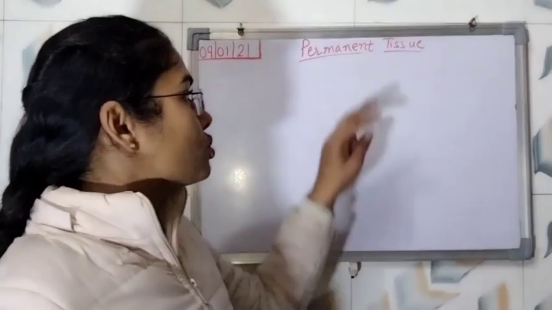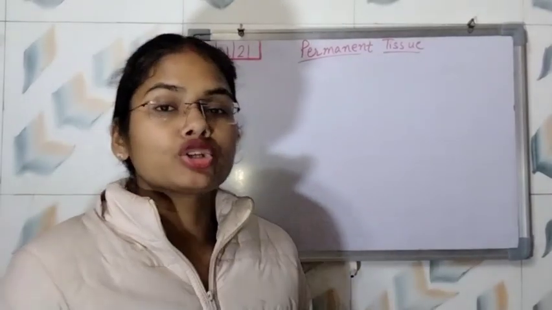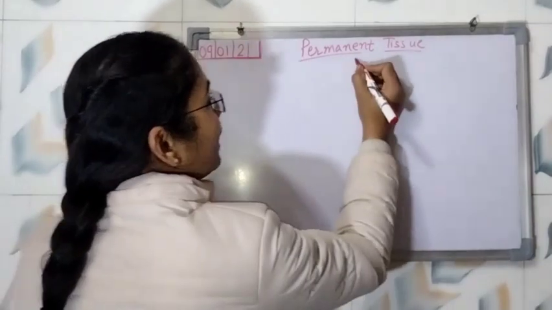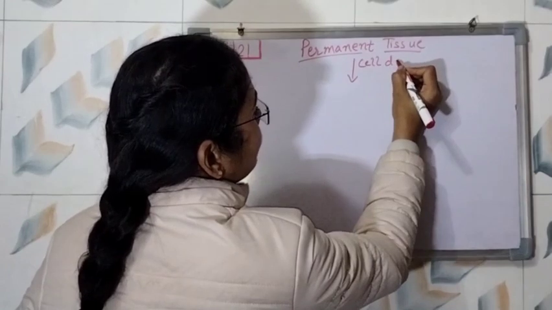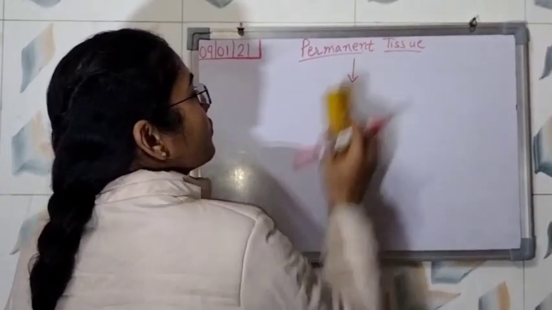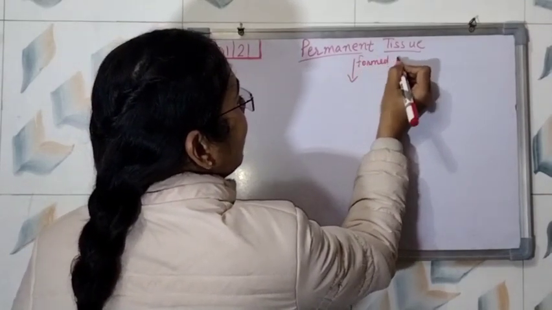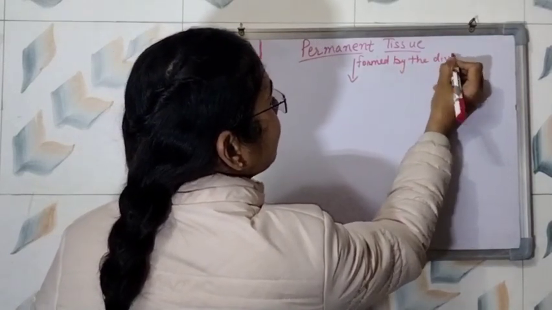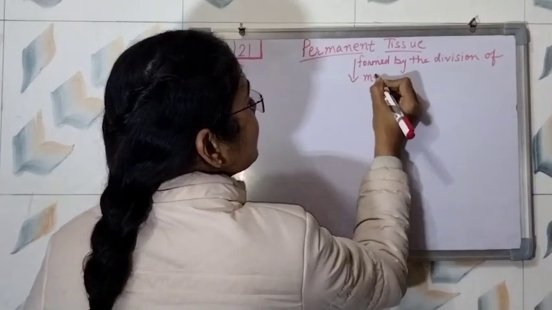So permanent tissue. First of all, we will come to know how permanent tissue is formed, right? It is formed by the division of meristematic cells, right?